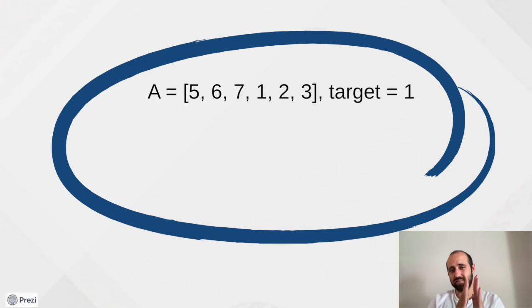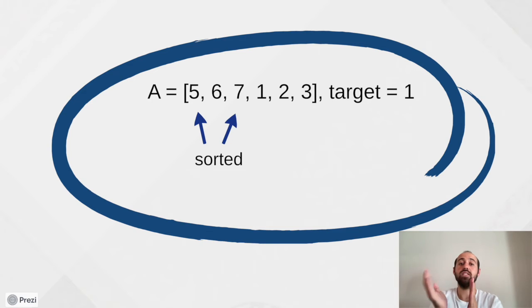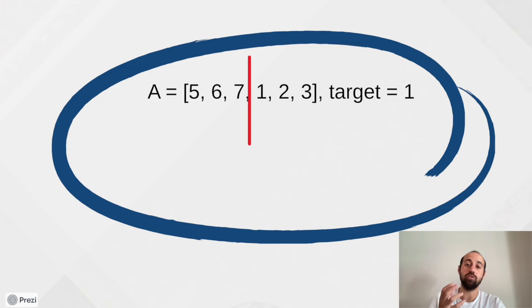From 5 to 7, all the values are in sorted order until the value 7 is reached, and we can see that the next value is smaller than 7. So starting from position 2, all the next elements are smaller, so we can see that the rotation happened at position 2 and the pivot is at position 2.